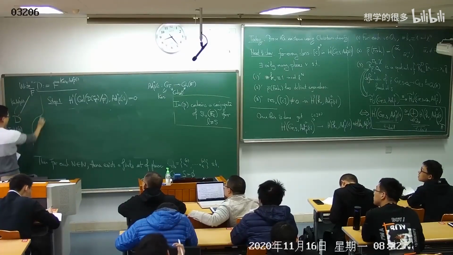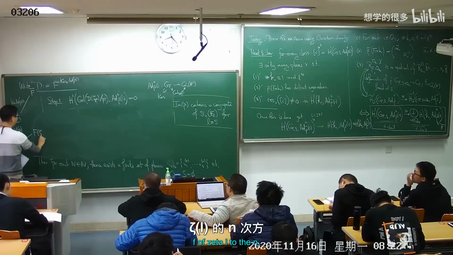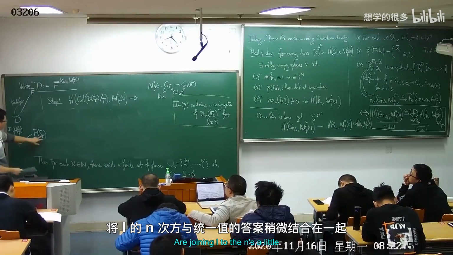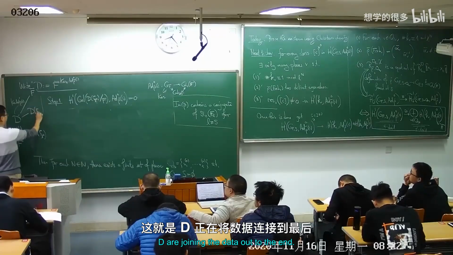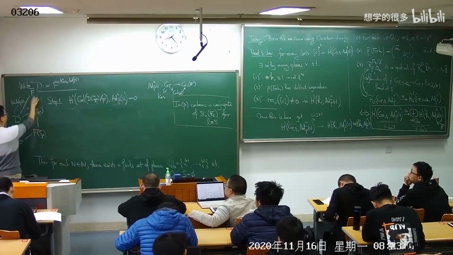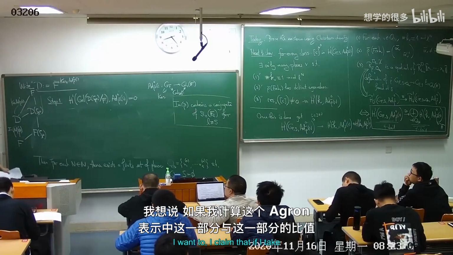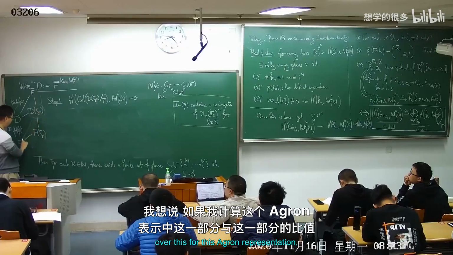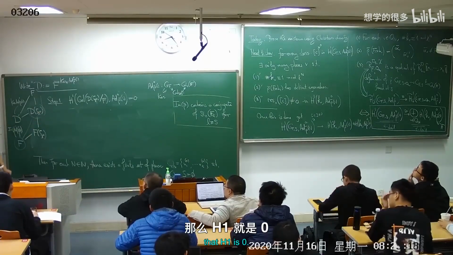Okay. So what I want to do is, on the other hand, I want to talk about F of zeta L to the n, adjoining the L to the nth root of unity to that, and this is D adjoining zeta L to the n. Okay. I claim that if I take the Galois cohomology of this one over this for this adjoint representation, that H1 is 0.